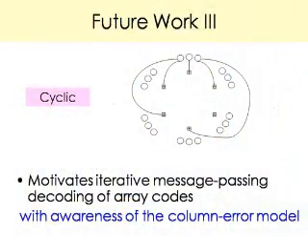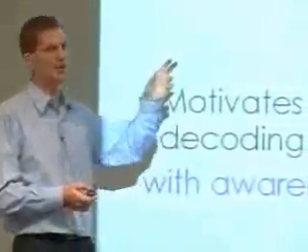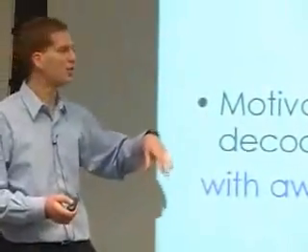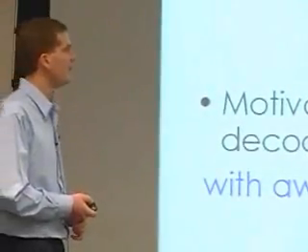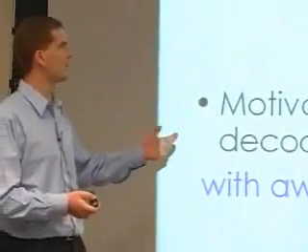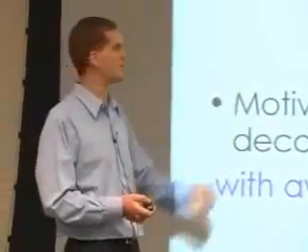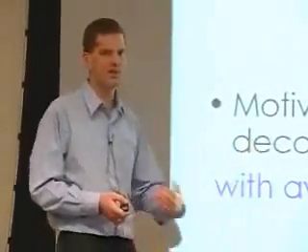Finally, the cyclic codes that we propose are very natural to be decoded using iterative message passing decoding. And the reason is that the highly regular structure of them makes iterative message passing very simple. So an open question is whether we can use iterative message passing decoding while maintaining the awareness of the special error model.